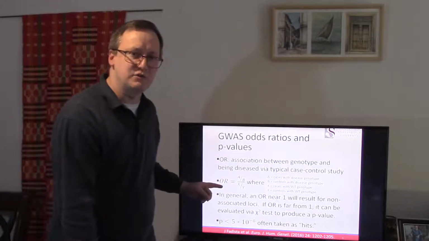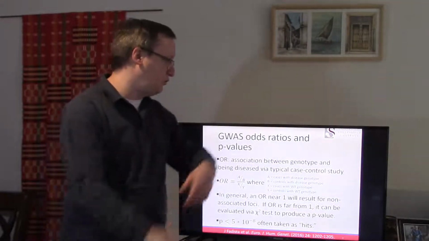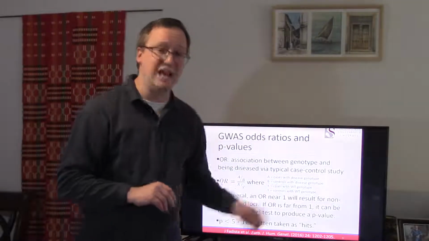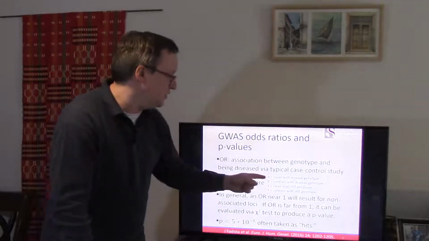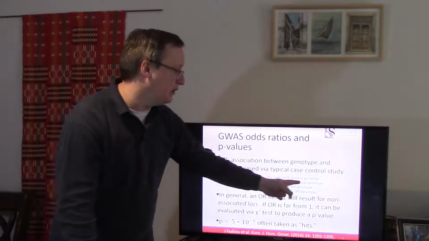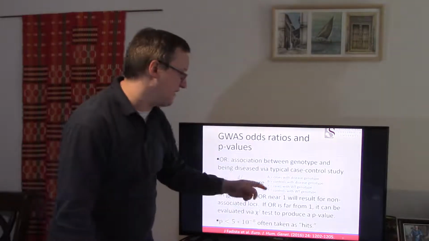These odds ratios compare the proportion of sickness among people with putative disease genotypes and wild-type genotypes. So you can imagine that we have cases, people who are sick, who have the genotype we're hypothesizing is associated with that disease.